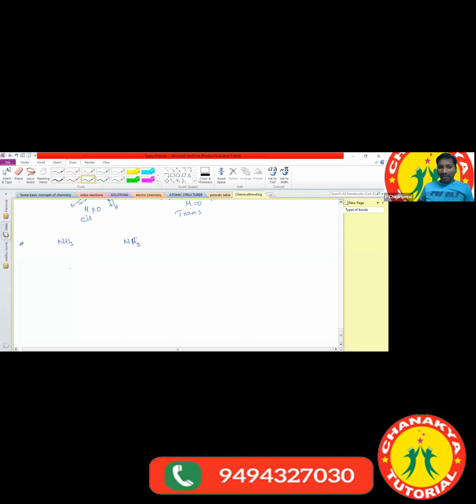Let's see. First I'm writing the structure. Both exhibit sp3 hybridization. Both have a pyramidal shape. Here also fluorine, here also fluorine, here also fluorine. Each nitrogen has one lone pair of electrons.